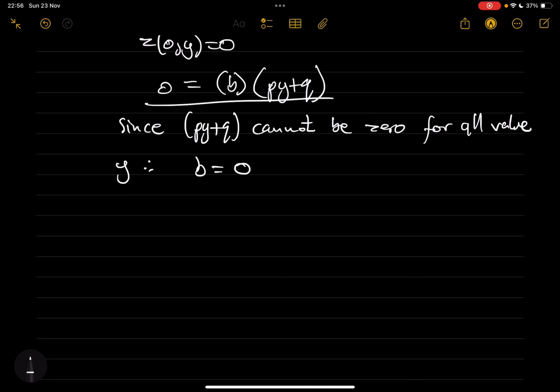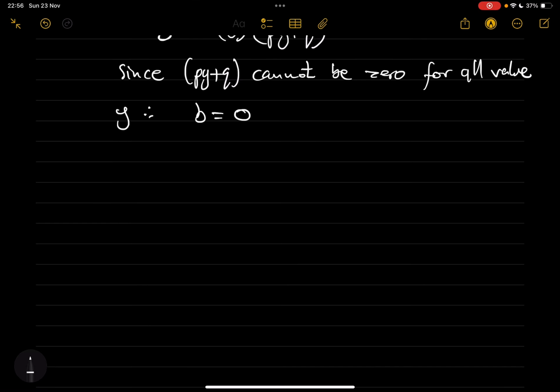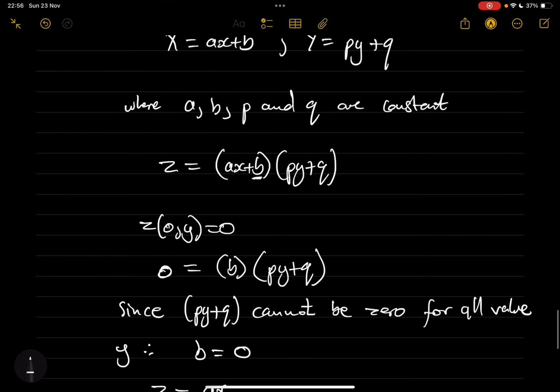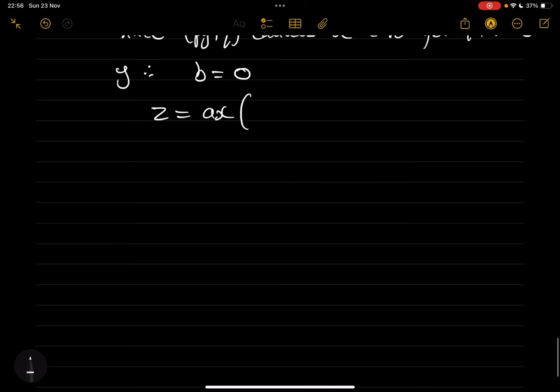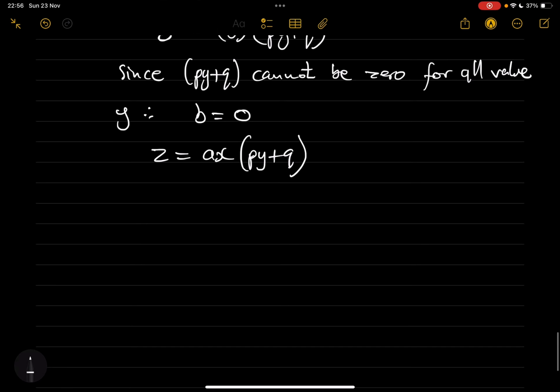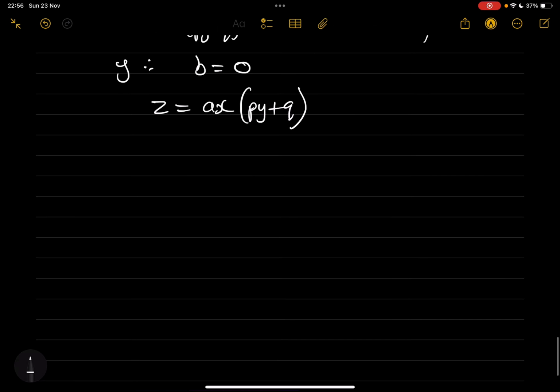In order for this equation to be satisfied, if b is equal to 0, then you can rewrite z as ax, since b is 0, so we are left with (ax)(py + q).